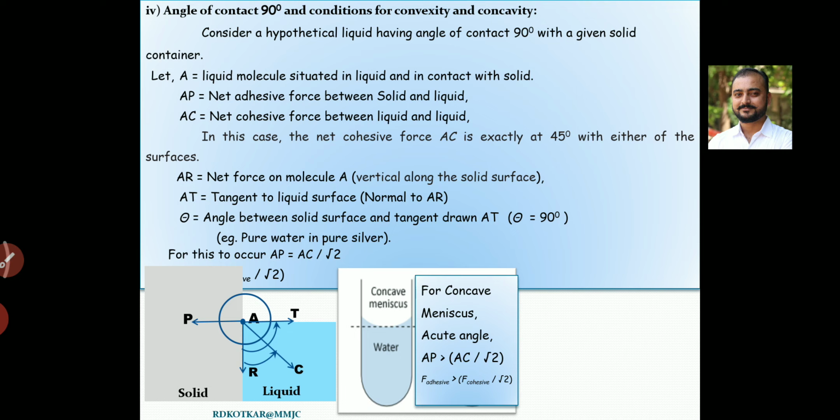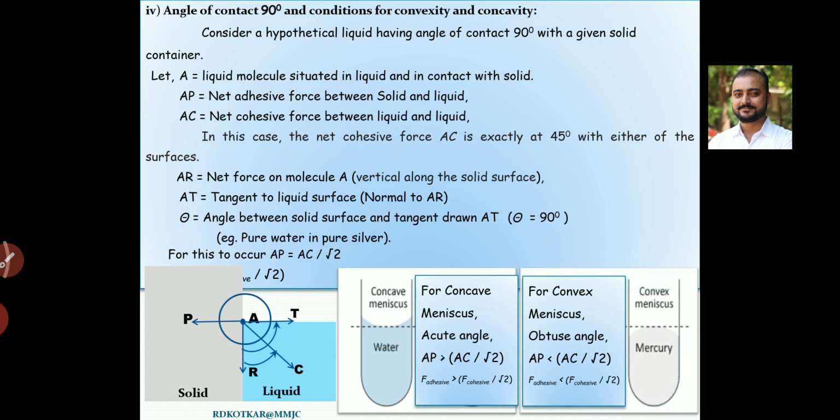Next is the condition for convexity. When there is a formation of a convex meniscus, the diagram should look like this, and you can say that there is the formation of an obtuse angle.